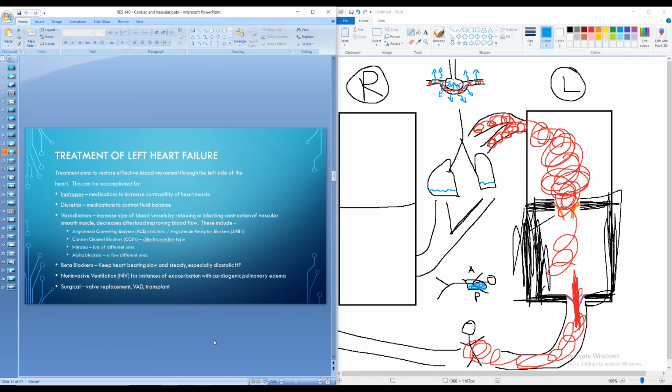So the easy way to remember that is beta 1 and beta 2, you have one heart and you have two lungs. So beta 1 receptors, you have one heart. Beta 2, you have two lungs.